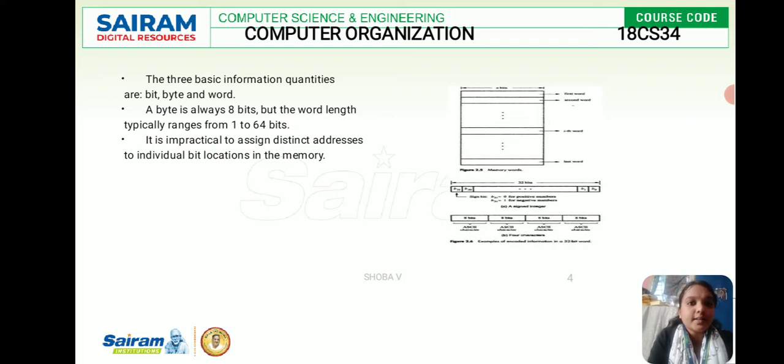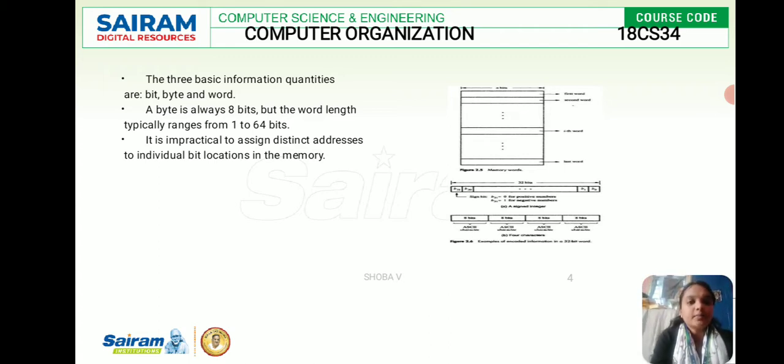If the address is 32 bits, then successive words are located at addresses 0, 4, 8, with each word having 4 bytes. The three basic information quantities described here are bit, byte and word. It is impractical to assign different addresses to individual bit locations in the memory.